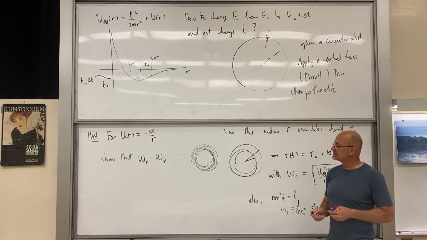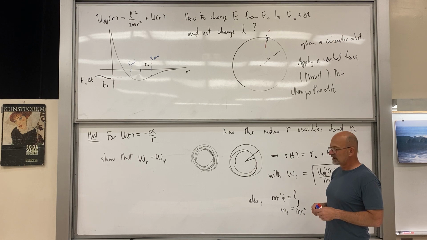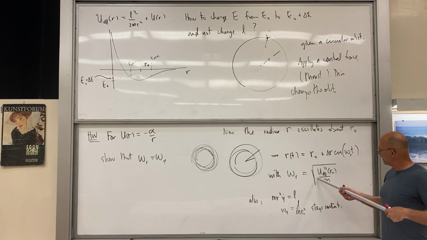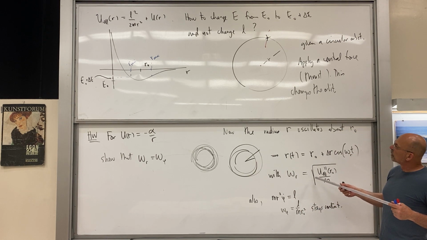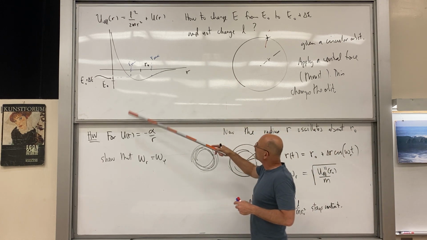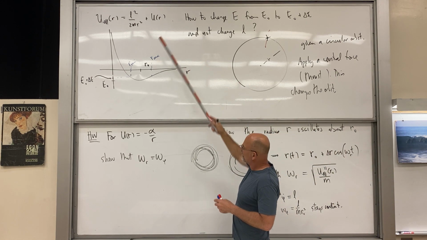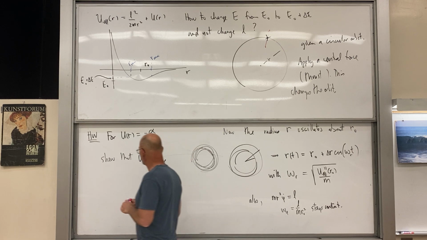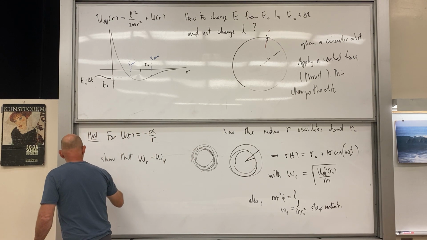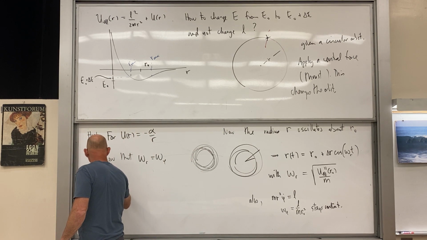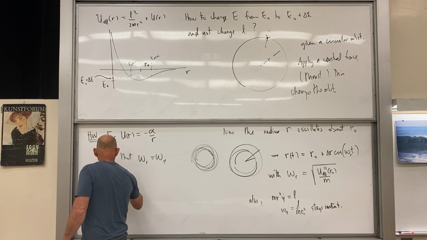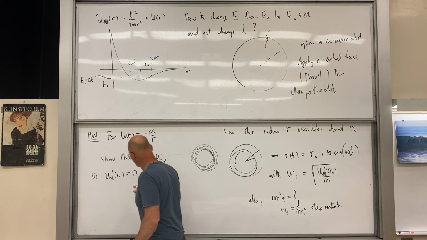That's very important, and it won't be hard to do. You have to take your effective potential, put in your minus alpha over r. I'll just get you started on it. First, u effective prime of r0 is equal to 0.